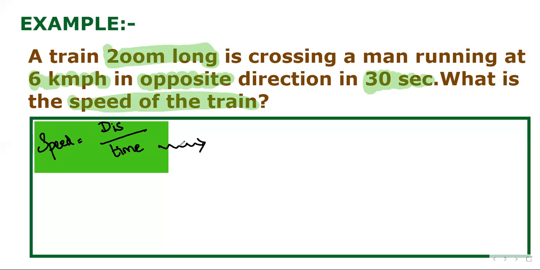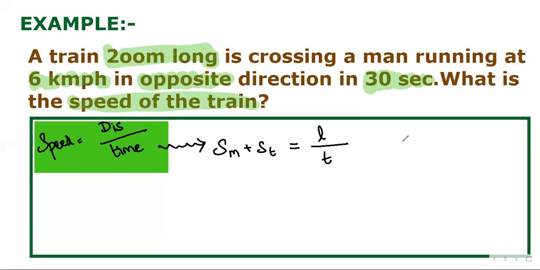Since it is in opposite directions, you have to find the sum of the speeds: the speed of the train plus the speed of the man is equal to the distance divided by time. The distance covered is nothing but the length of the train. Time taken is given, which is 30 seconds.